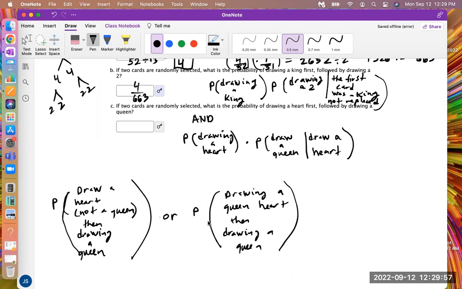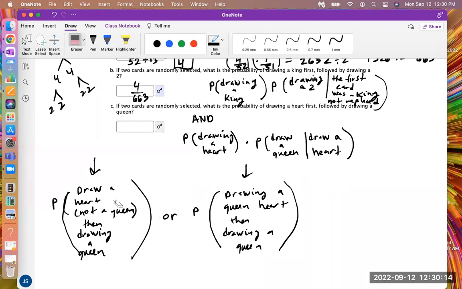So we are happy with either of those happening. So we need to find the probability that either this happens or that happens, which would mean that the first card can't be both a queen and not a queen. So those are mutually exclusive.